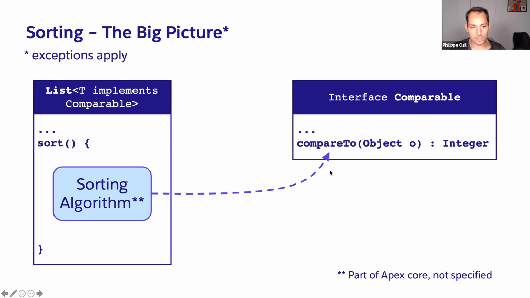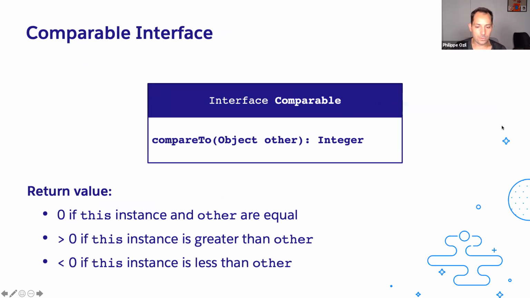The way this works is that with the Comparable interface, we get one method, called compareTo. It works a bit like equals, except it returns an integer. This means there can be three types of values returned from this method.